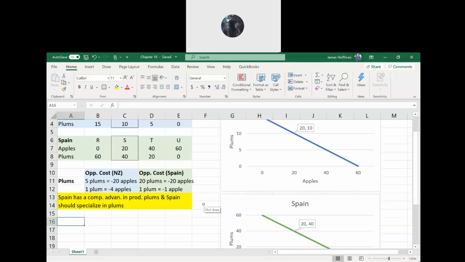Okay, so we're probably going to get that the other country, New Zealand, has a comparative advantage in producing apples, but let's do the analysis just to confirm. Let's determine the opportunity cost of apples for both countries.